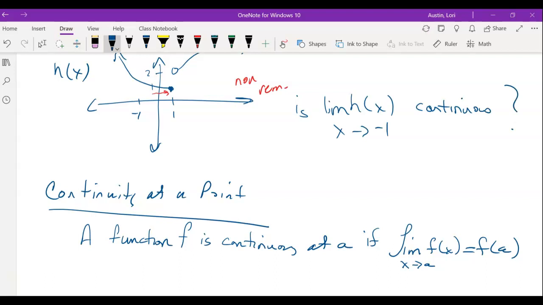What do you think? A function is continuous at a if the limit as x approaches a of f of x actually equals f of a. Is it continuous at -1? Looking at the picture, yeah, I can take my finger and go right through -1 and not move, right? Yeah, it's actually continuous at -1.